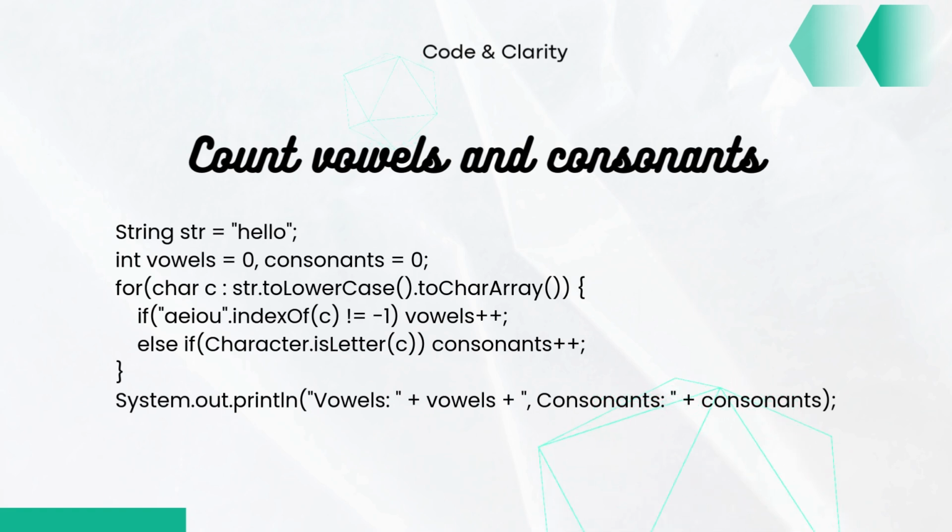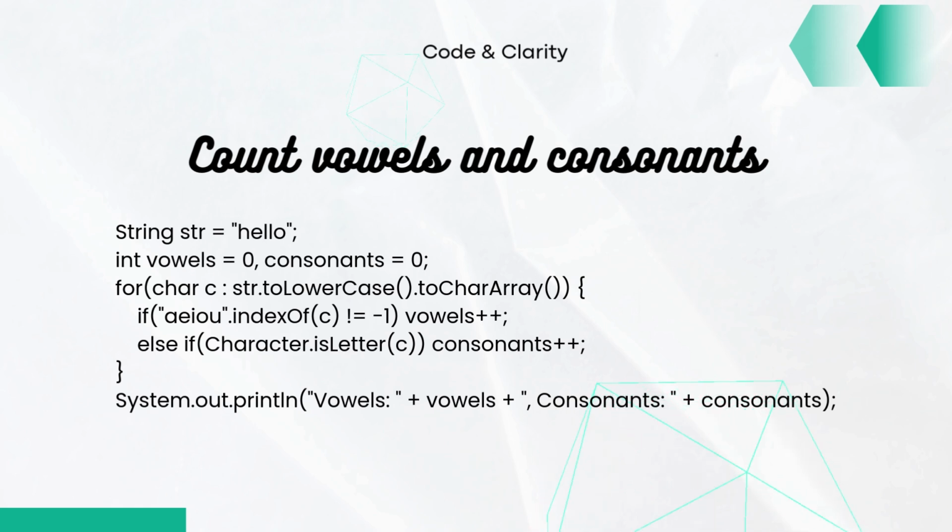We are checking the index whether they are a, e, i, o, u or not, and if it is a, e, i, o, u, then we are increasing the count of the vowels, and if it is not, then we are increasing the count of the consonants. The corresponding syntax is given here in the code, and at the end we are printing out the vowels and the consonants.